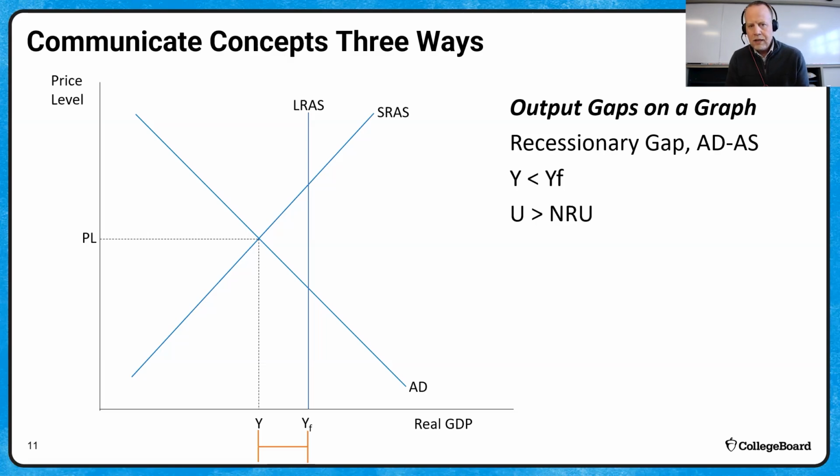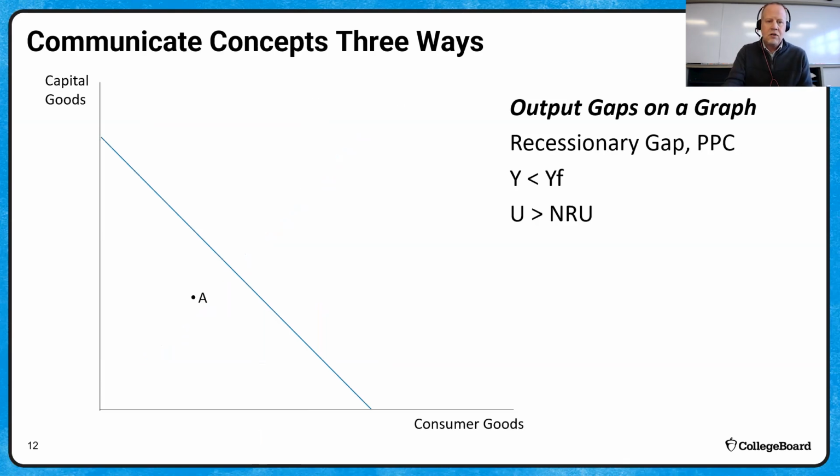Where else, though, can we do this? What other graphs can we use to indicate that a recessionary gap exists? Well, first ask yourself, where else can we show output? And possibly the easiest and most obvious answer is, let's go back to Unit 1 and look at a PPC. A recessionary gap on the PPC exists when output, in this case output level A, is operating below full employment.